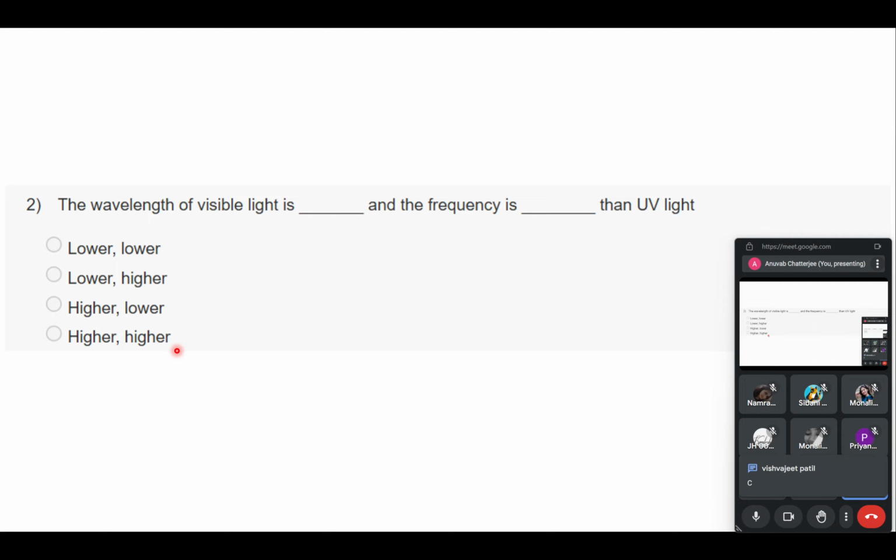Vishwajit also says it is C. Okay, so we have a lot of C's, all of us saying that the wavelength of visible light is higher than UV light and the frequency is lower than UV light.